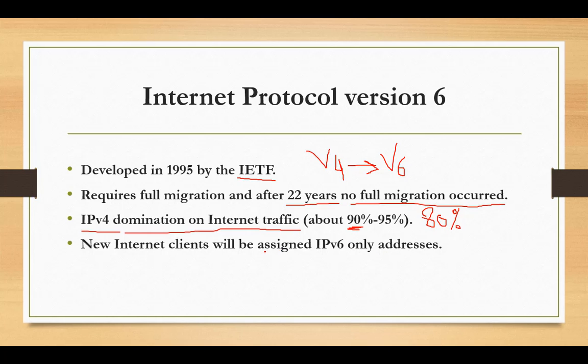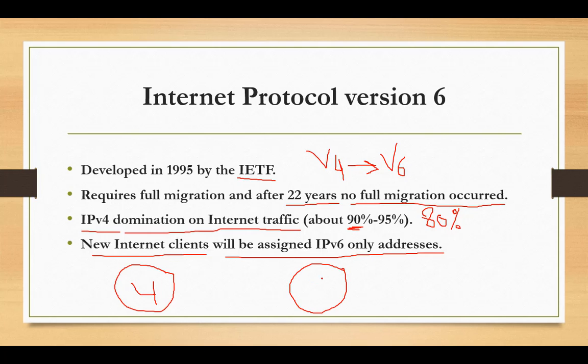And the issue is that new internet clients will be assigned IPv6-only addresses. It means that we will have blocks of IPv4 hosts and blocks of IPv6 hosts. They have to coexist and communicate with each other efficiently, because the migration will not be accomplished in 1, 2 or 3 years.